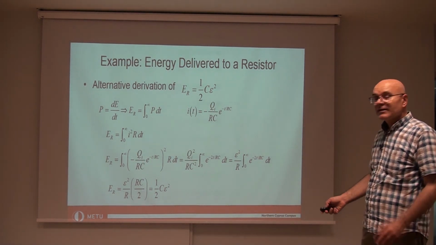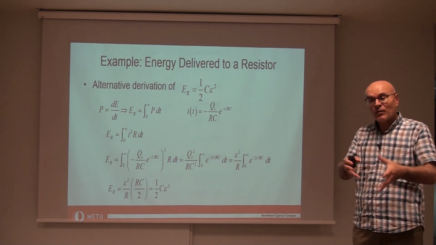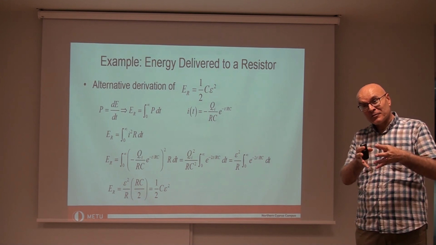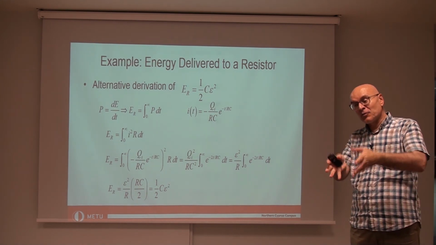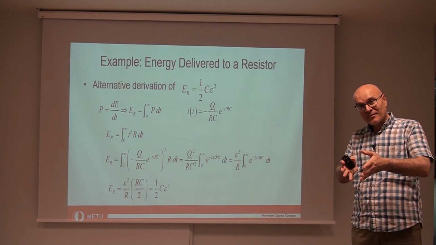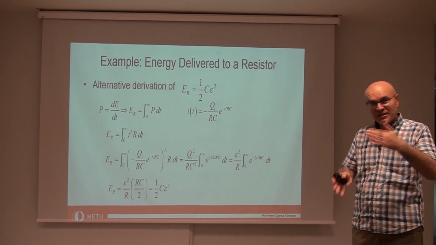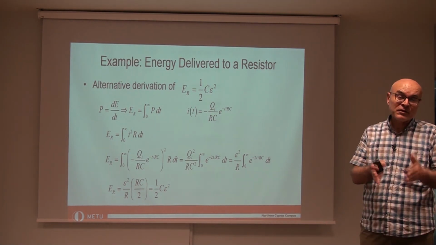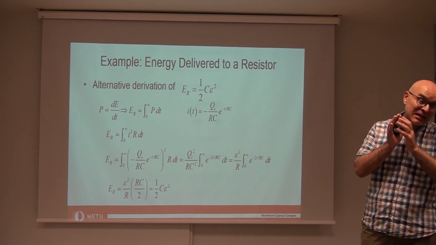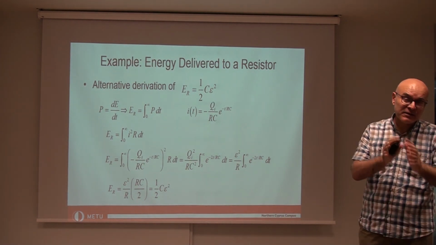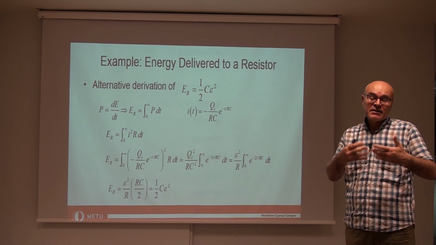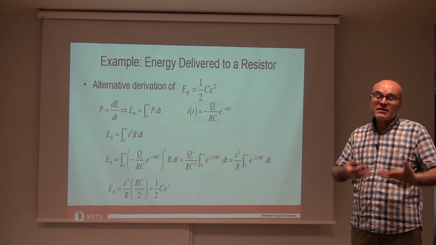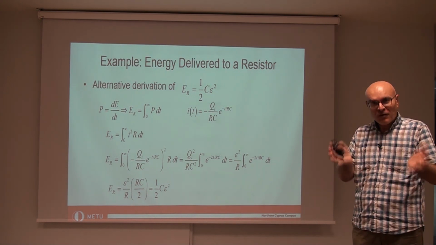What this says is that if you integrate the power, the rate at which energy is delivered to the resistor as the capacitor discharges, which is I squared R and a function of time now, from 0 to infinity, then you get this expression for the total energy dissipated into the resistance as thermal energy, the change in the internal energy of the system.